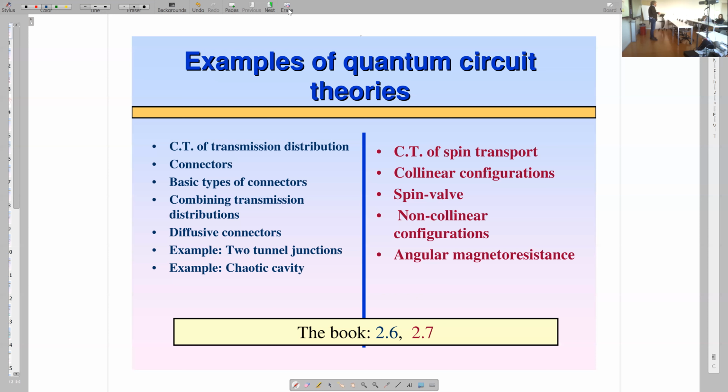To some extent, it is too simple because quantum theory of spin transport is linear, which is not the common case. If you remember the expression for matrix current, it was non-linear in terms of matrices. Right, so I will outline these two examples today.